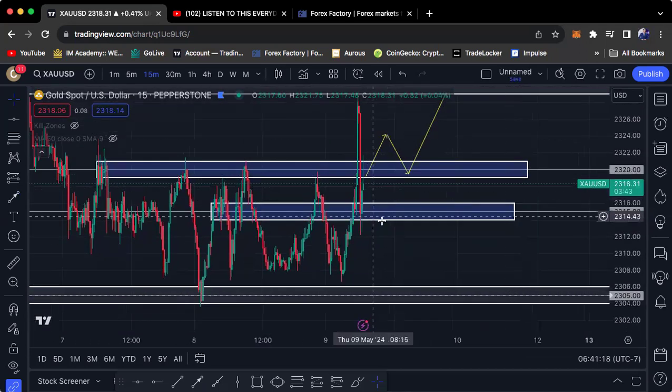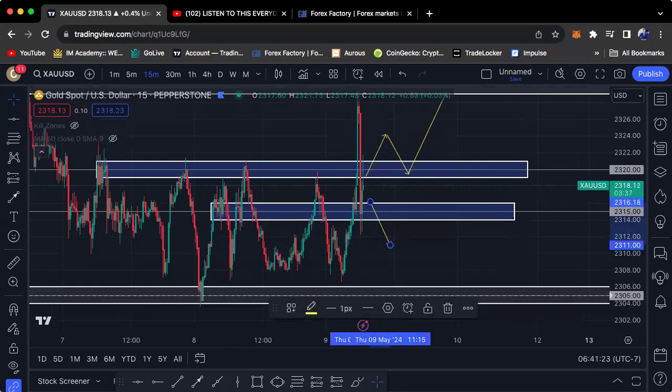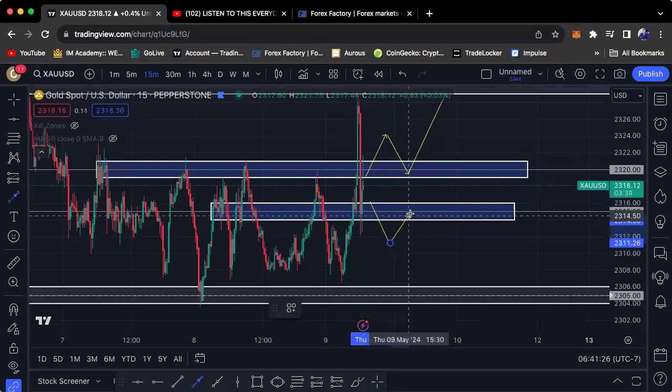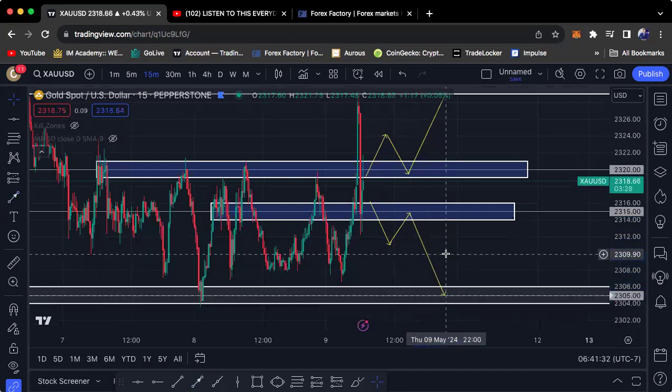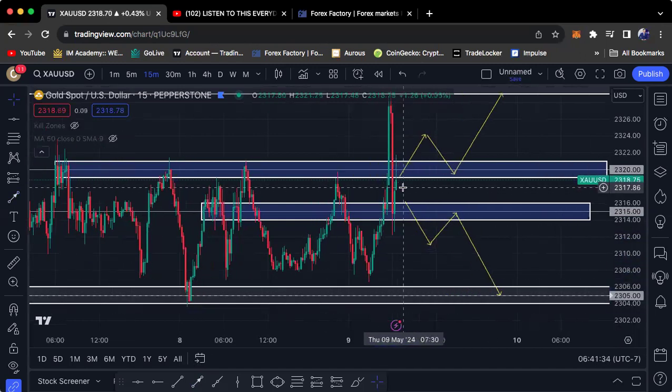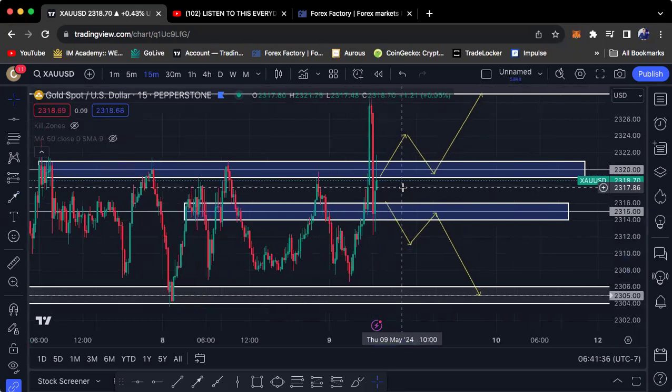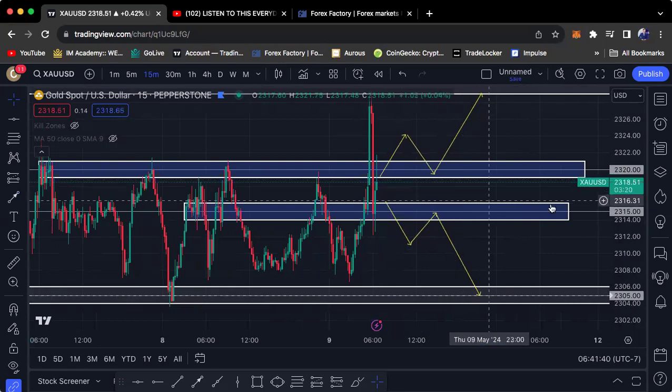But if it breaks below the zone here, retest, and gives me a bearish candle confirmation, I'm gonna write it down. I'm not trading here. I'm not a scalper. I'm an intraday trader. I'm a swing trader. You know, I'm looking for at least 100 pips, 150 pip move. From 2315 down to 2305, that's a total of 100 pips.